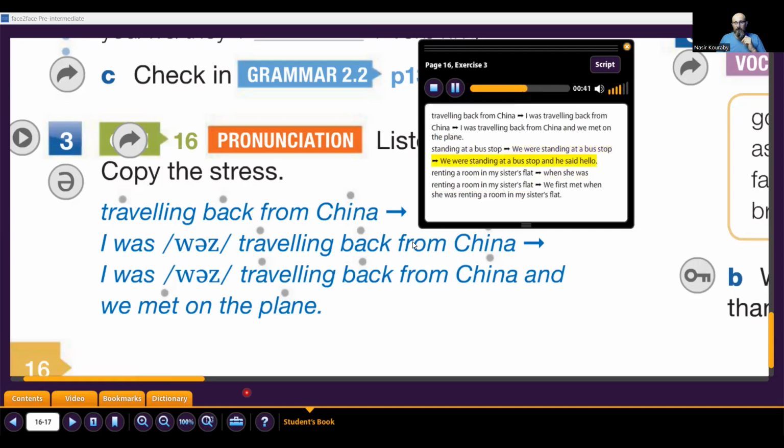We were standing at a bus stop and he said hello. Renting a room in my sister's flat. When she was renting a room in my sister's flat. We first met when she was renting a room in my sister's flat.